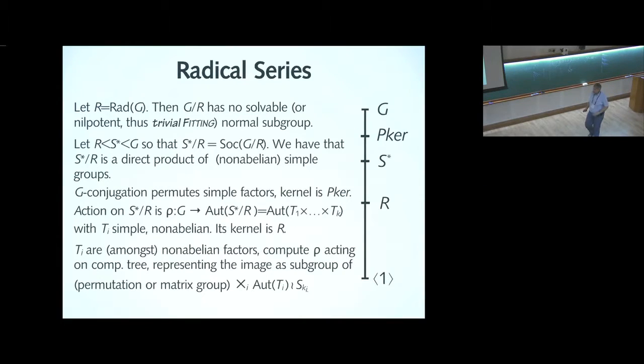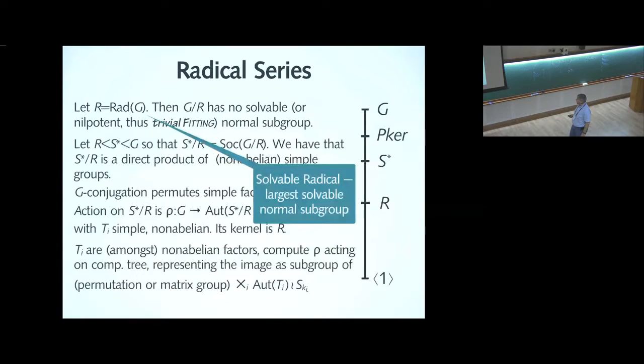So, let's start with some arbitrary finite group. What I take initially is the radical, the solvable radical, the largest solvable normal subgroup. If you have two solvable normal subgroups, it's not hard to see, a basic exercise once you have the isomorphism theorems, that together they generate a solvable normal subgroup.